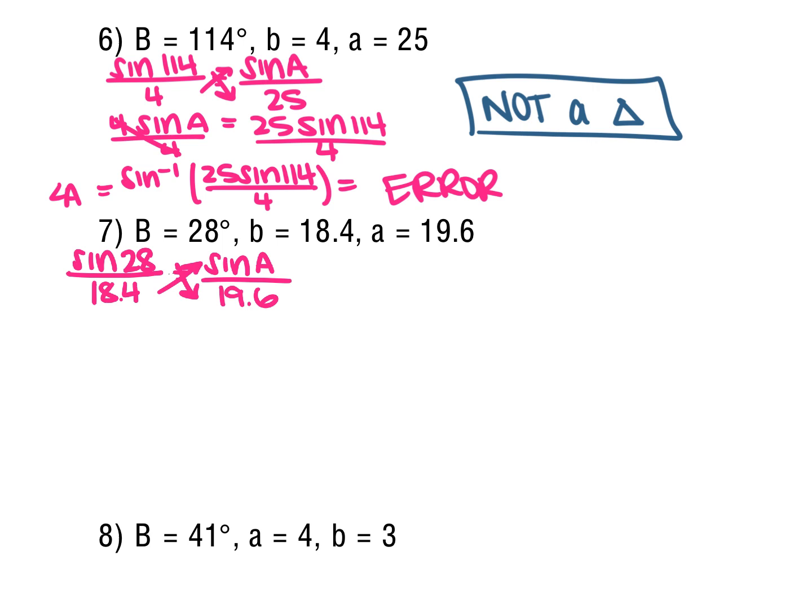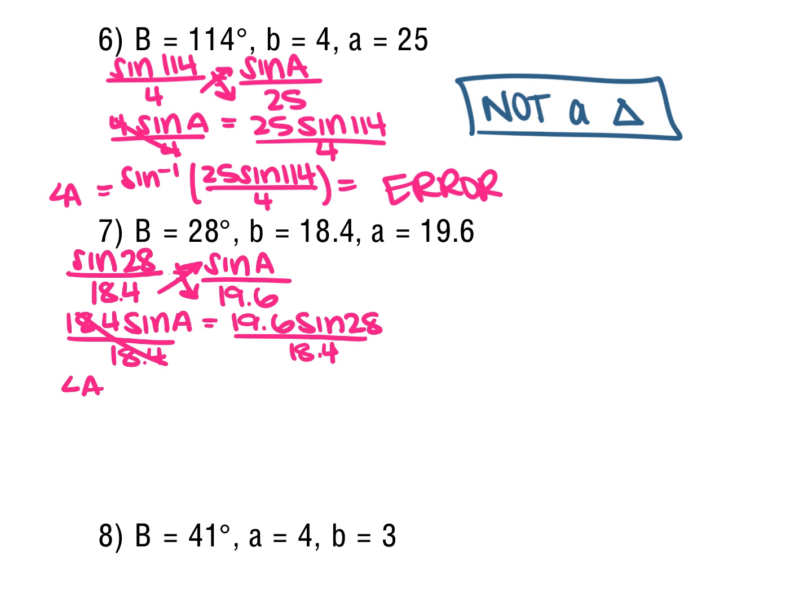Cross multiply, that's 18.4 sine A is equal to 19.6 sine 28. Divide each side by the 18.4. You're going to do the inverse sine of 19.6 times the sine of 28 all over 18.4.